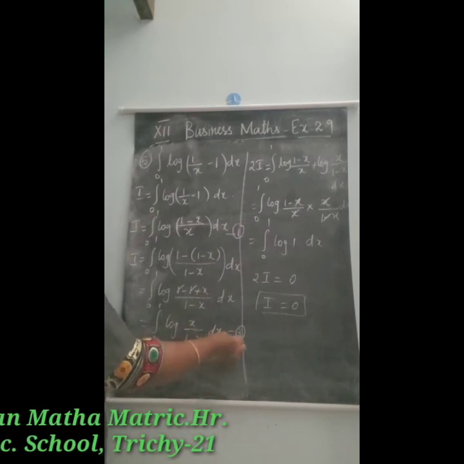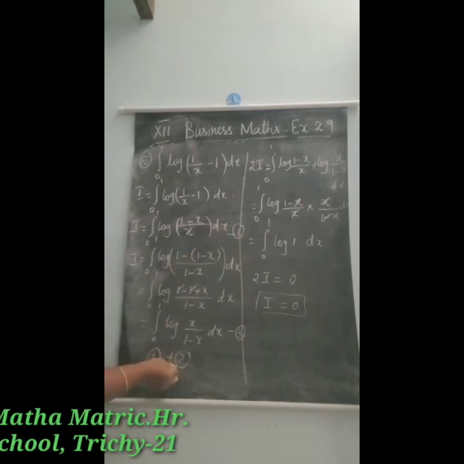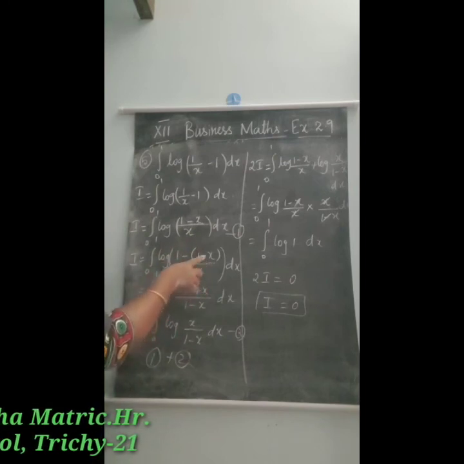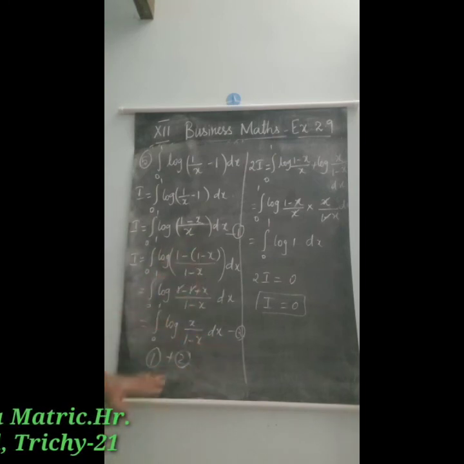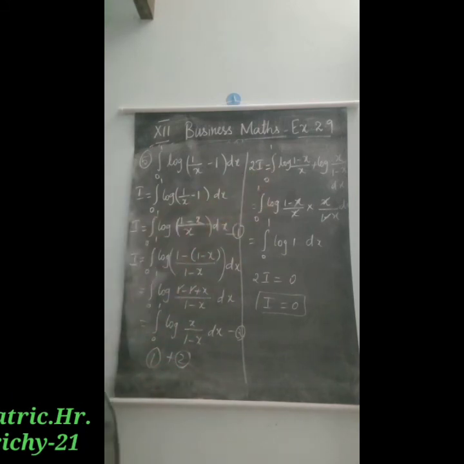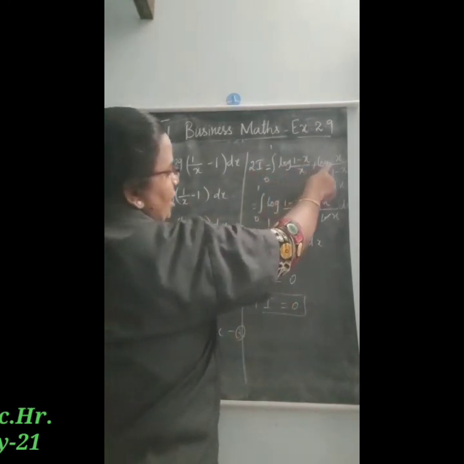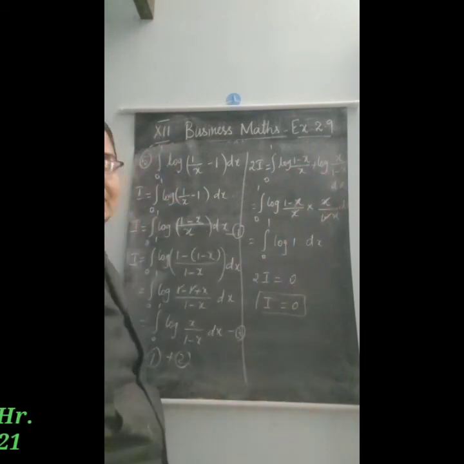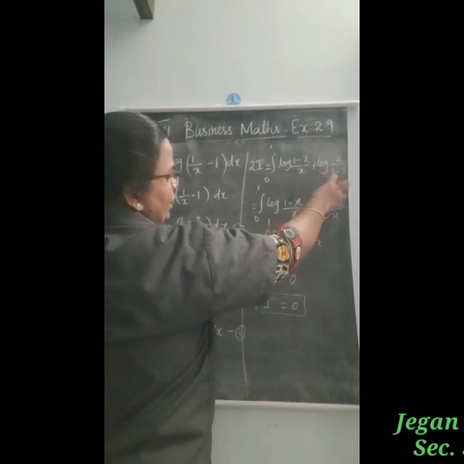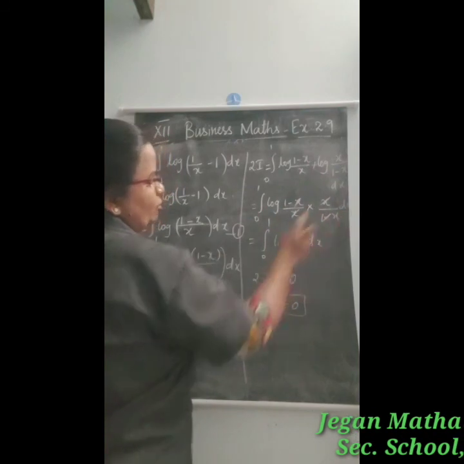This is the second equation, and the first I is the first equation, and you have to add these two equations. This is f of x, and here instead of x you substitute a minus x for the second equation. If we add 1 plus 2, we get 2I is equal to the integral of 0 to 1 of log of (1 minus x) by x plus log of x by (1 minus x) dx. Now this is log m plus log n, so we have to multiply these two: log of m into n dx.